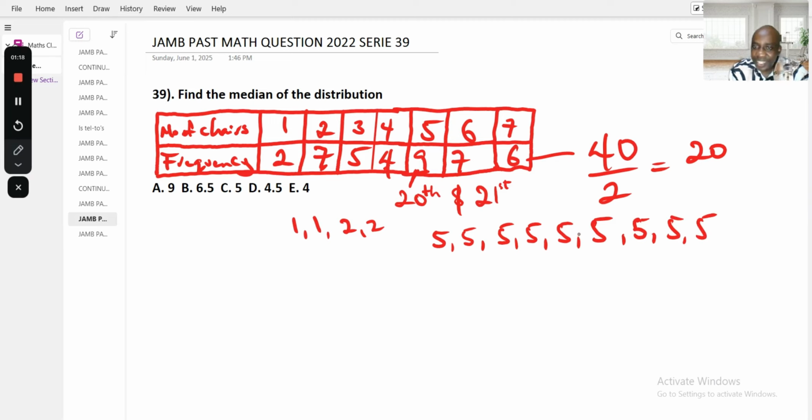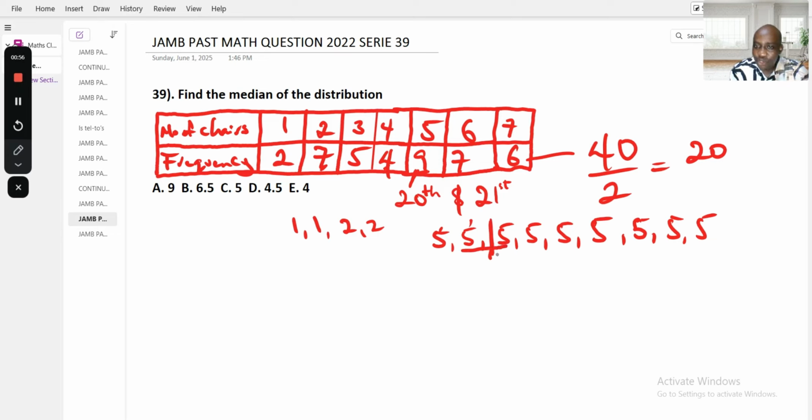Yes, within these 5s, we see the 20th and 21st. Because we saw 18 here, we now count 19, 20. Therefore, the middle will start from here. 20 will go like this, the other 20 will go like this. Now it's 5 and 5 that are in the middle.